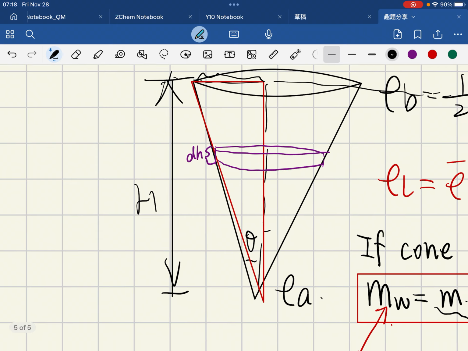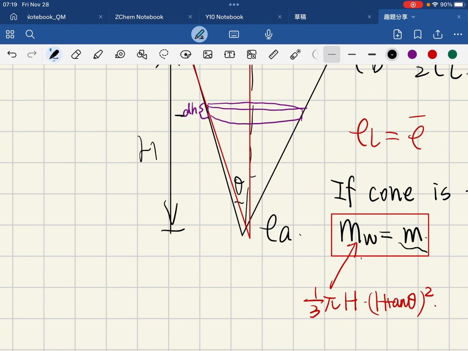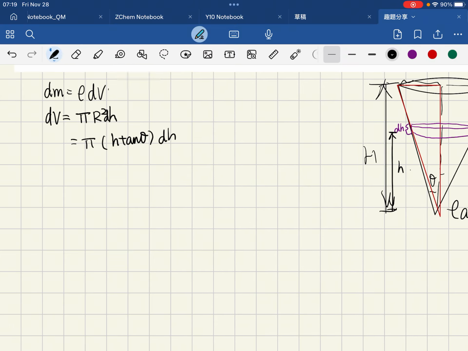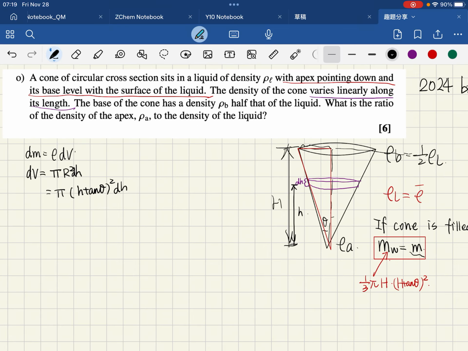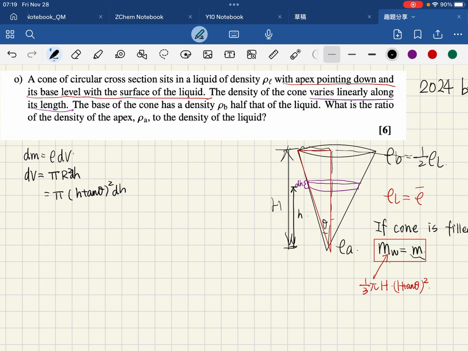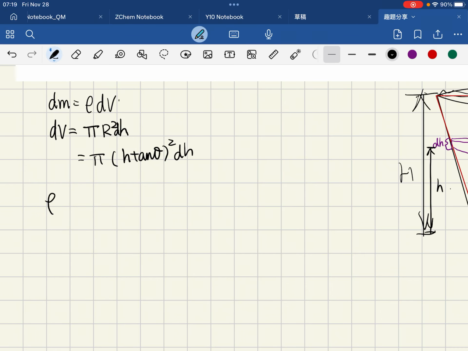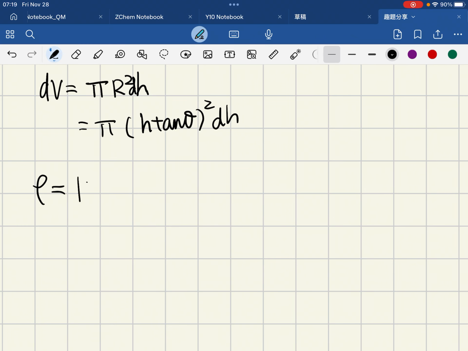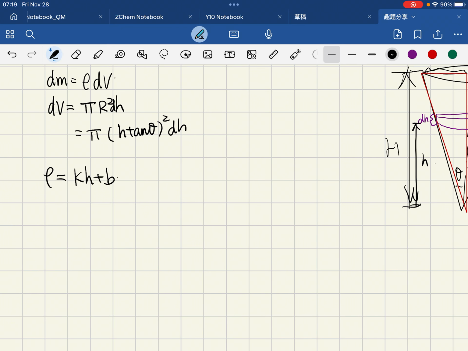We call the distance between the point we calculate and the apex h. So now we have calculated dV. What is rho? We should use this linear relationship. So rho can be written in the form of Kh plus B.